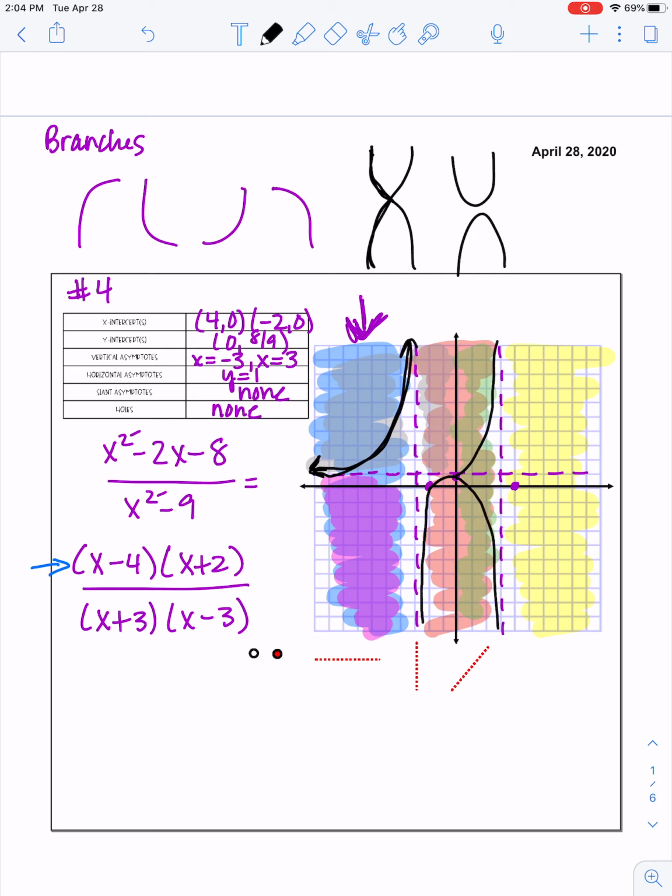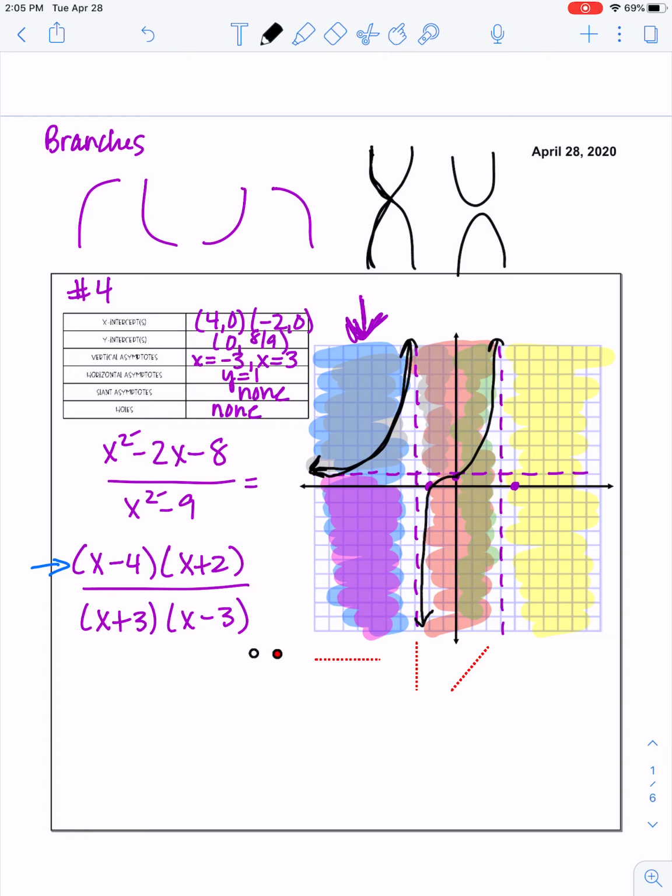So I have to figure out which one it can be. If you notice, when I drew it on the bottom, it crossed the x-axis here. And I don't have an x-intercept there. So I can't create an x-intercept that's not there. So it can't be the bottom branch. So it has to be the top branch. So then this is how I graph it in the middle.